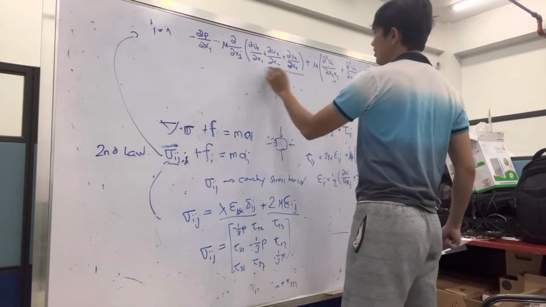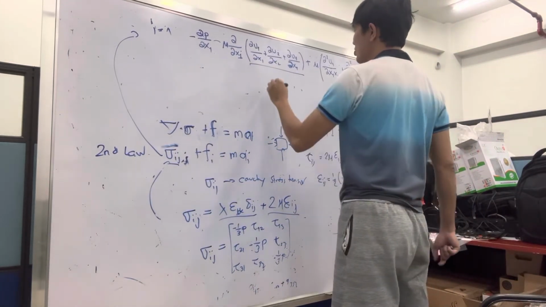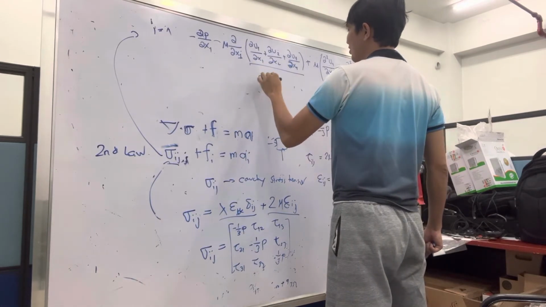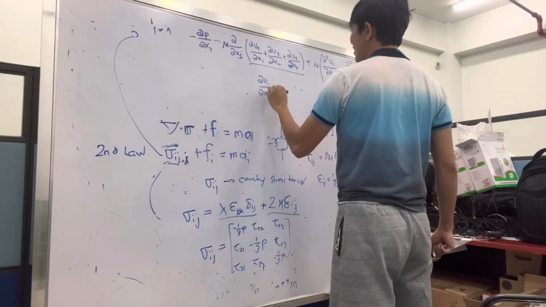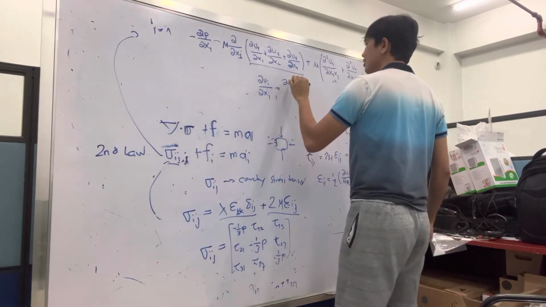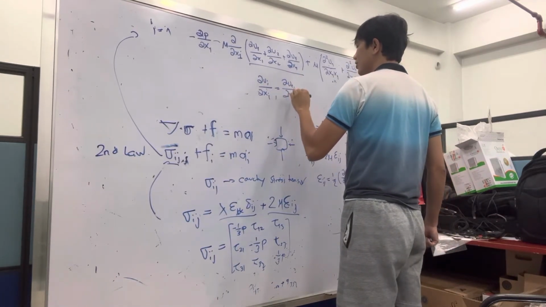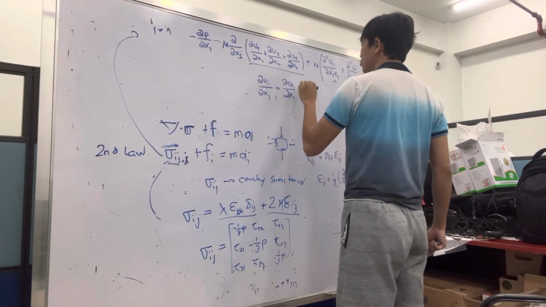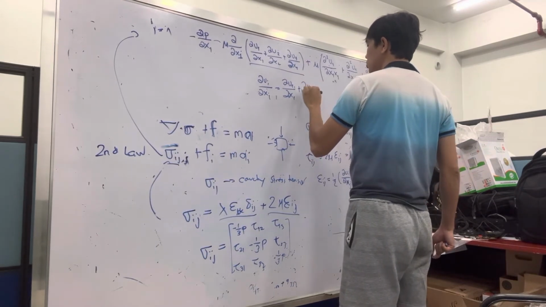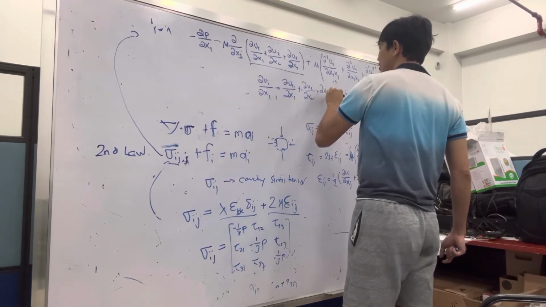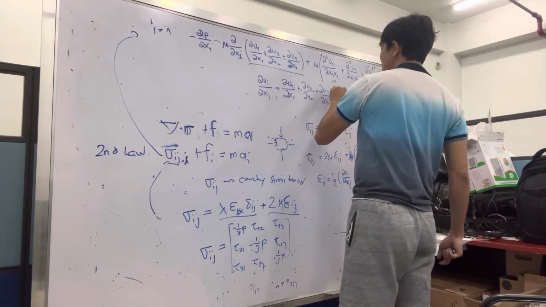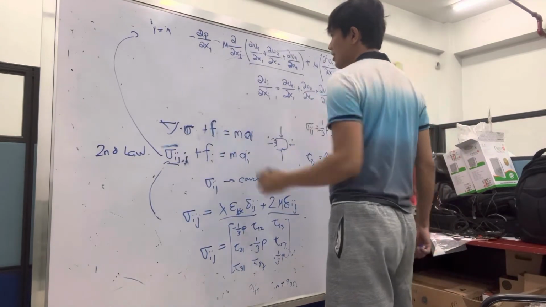This one here, remember yung continuity equation. So ito, i over xi, so basically u1 over x1 plus u2 over x2 plus u3 over x3 is equal to 0. So this one cancels out.